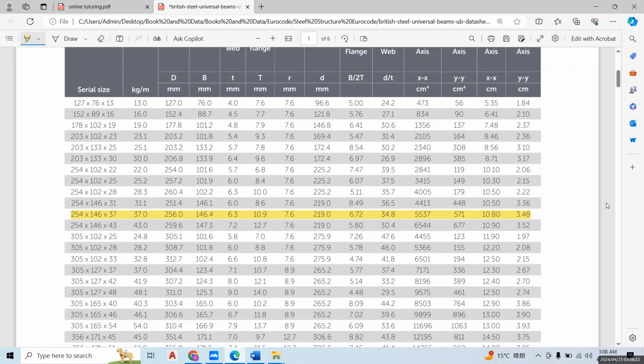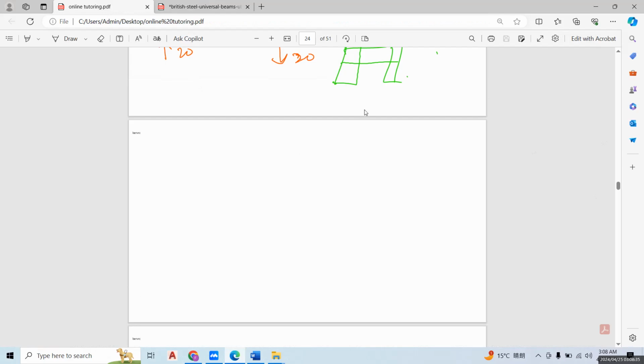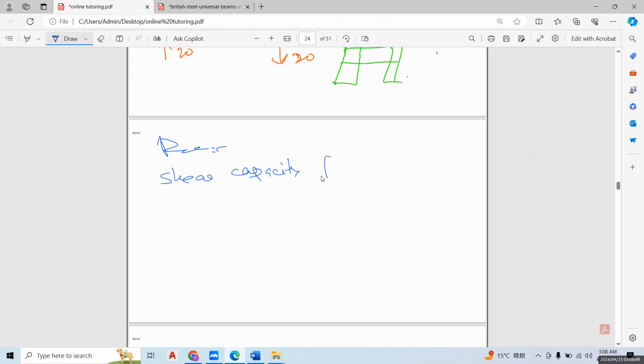First of all, you have to know the shear capacity formula according to Eurocode: it is equal to Av Fy over root 3 gamma. Now you have to find three things.